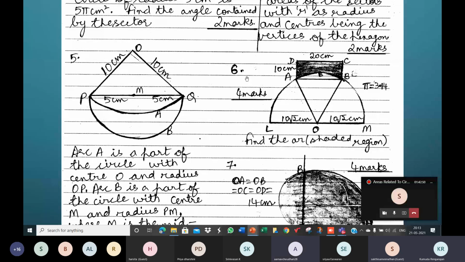Ma'am, we know angle A, it's 90 degrees, that rectangle. No, that is here, this portion. See here, this one is 90. This one is 90. But what about this? Yes, rectangle. This is 90 degrees.